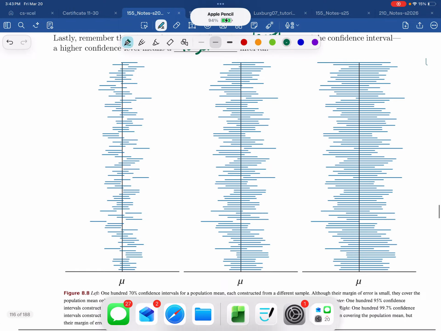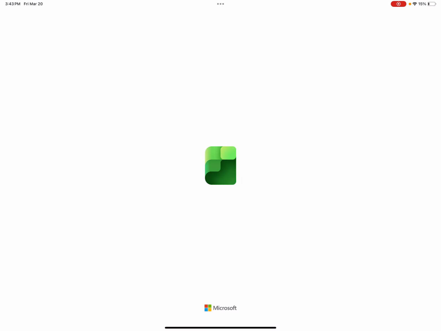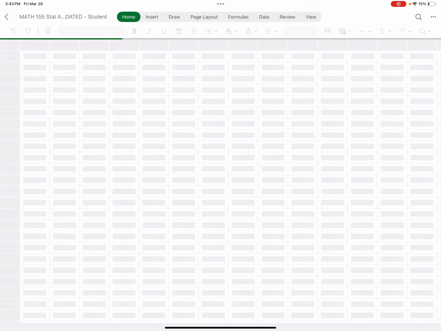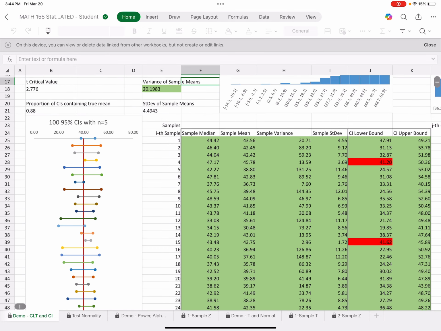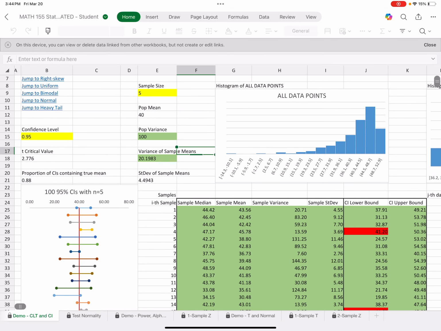Another quick demonstration of this is if we go into Excel and you go to the demo CLT and CI worksheet. We actually do that right over here, right? We set the confidence level.